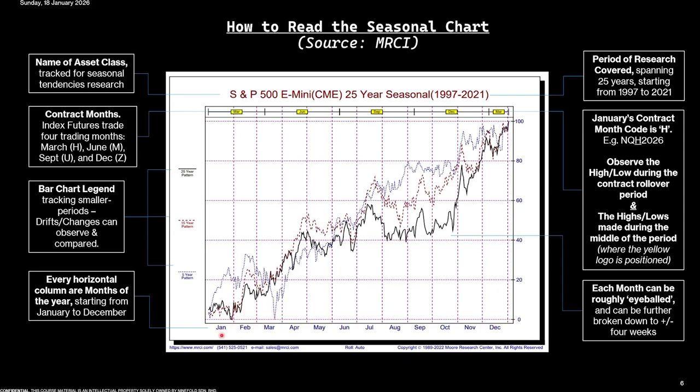For example, over here, there's a high that's being made in January, but there's also a small sell-off towards the end of January. So although it's not as pronounced as the sell-offs that we can see in the final weeks of January within the 25-year period and 15-year period, there certainly seems to be a tendency for bearish price delivery during the final weeks of January.